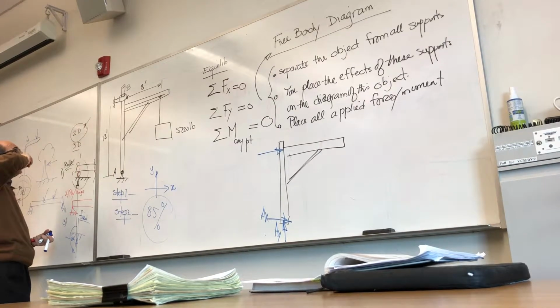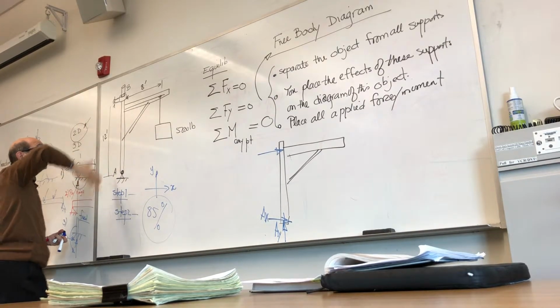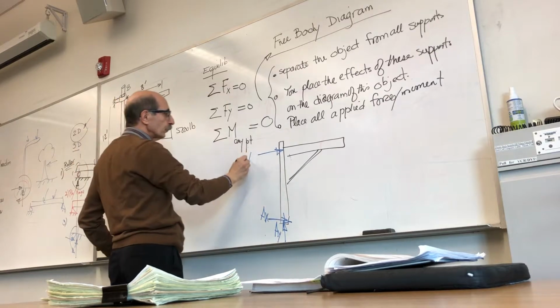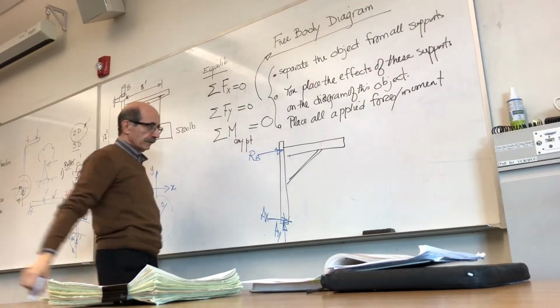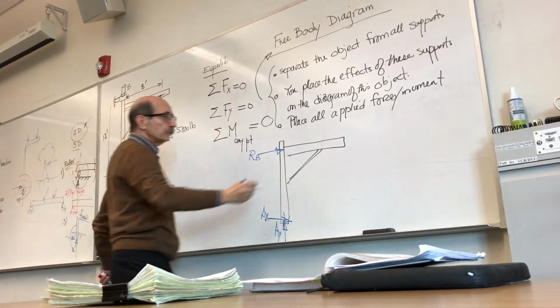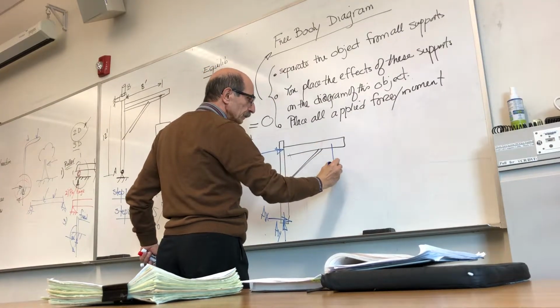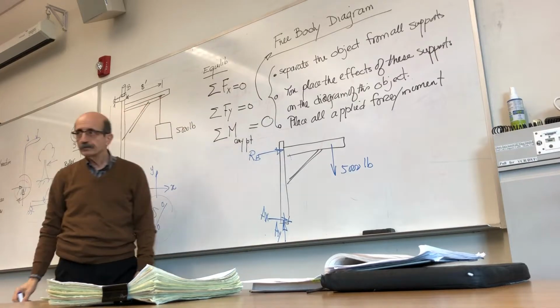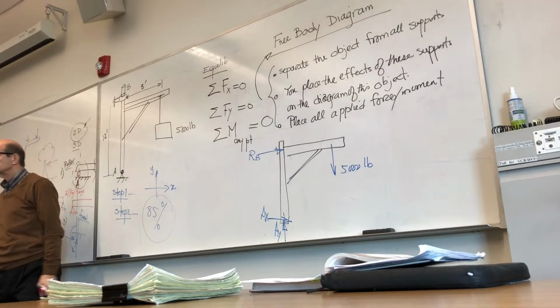And that direction is perpendicular to the direction that the rectilinear motion is allowed. So there's an unknown force RB there. I will also put back the applied load, and we have only 5,000 pounds here. This is the free body diagram.